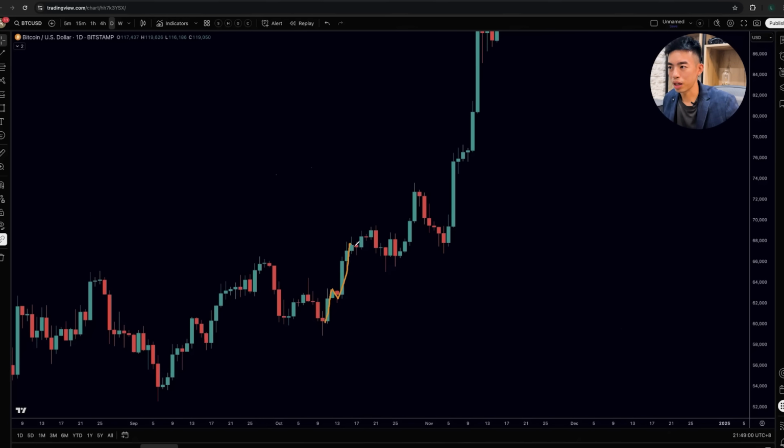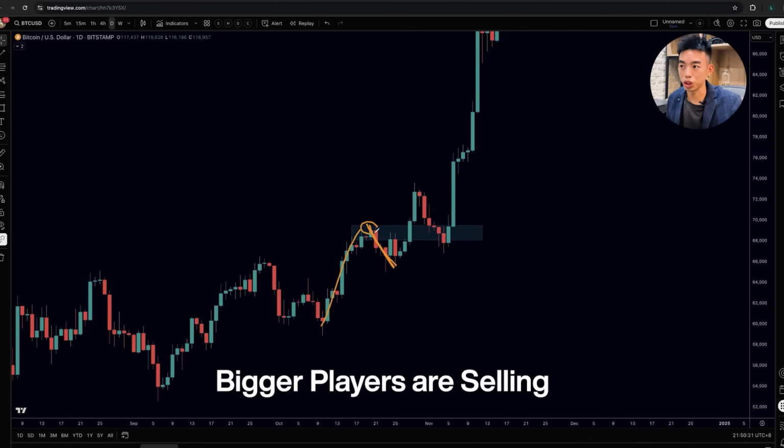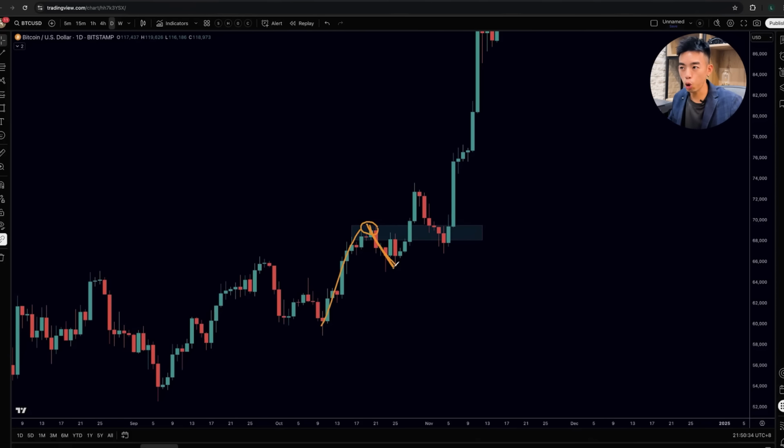See how we break through that area, came down, retested that same level, and then we have a strong move towards the upside, okay? So the logic here also applies in the same manner, right? As price is going up, these moves down here are caused by institutional sellers, right? Because you and I are not able to move the markets. So the fact that there is a strong move back down here means bigger players, much bigger than you and I, are selling from this point. And what happens if price pushes through like this?